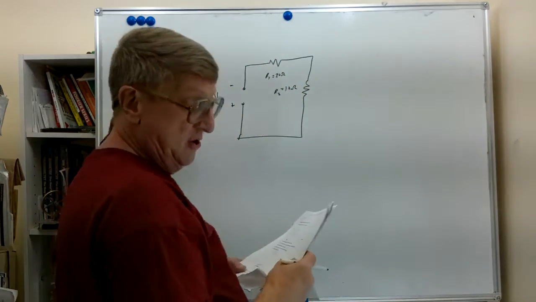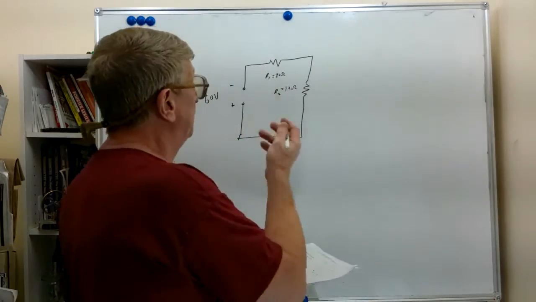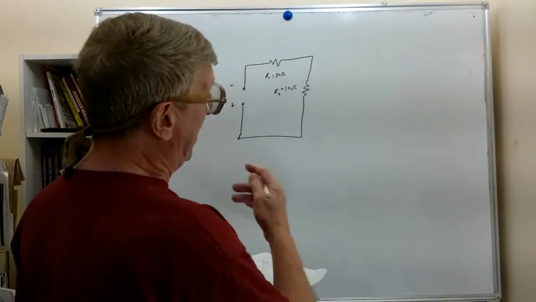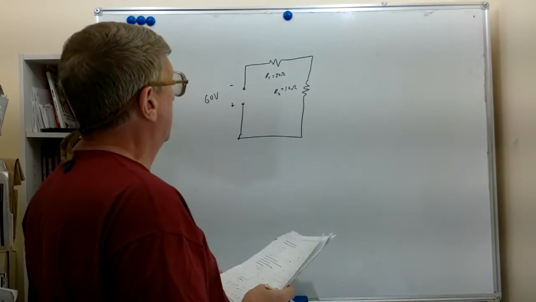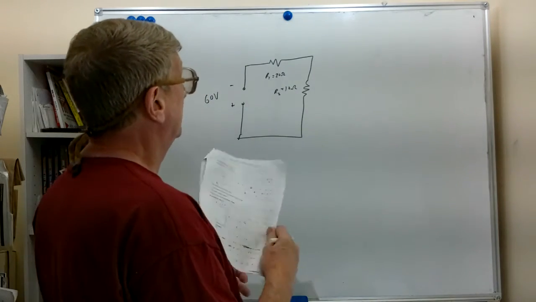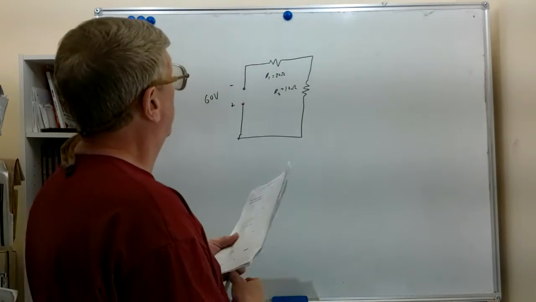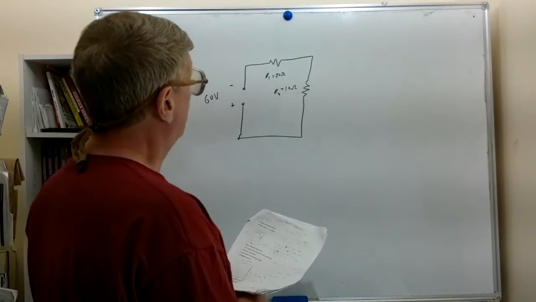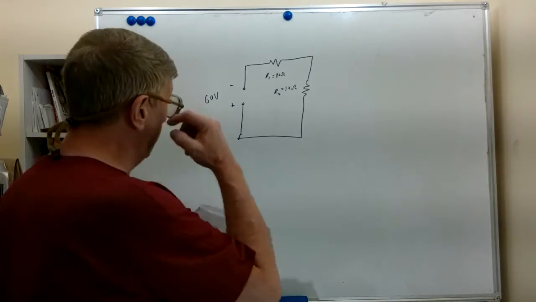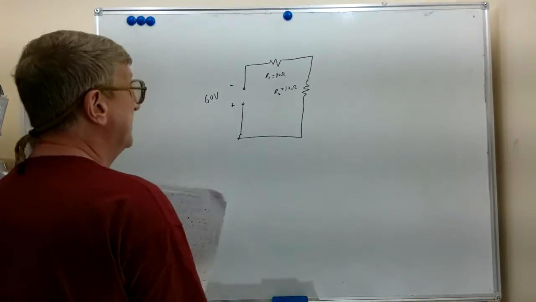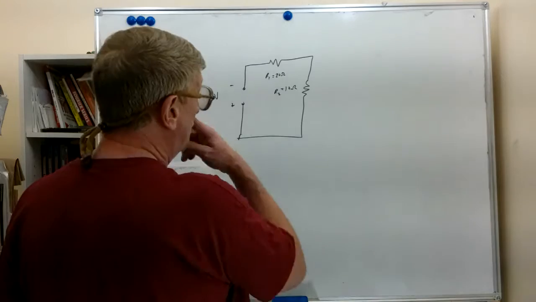We want to find out the voltage across each resistor, the power dissipated by each resistor, and the power supplied by the power supply and all that. So the first thing you want to do when you look at any circuit, but a circuit like this: what do we have?